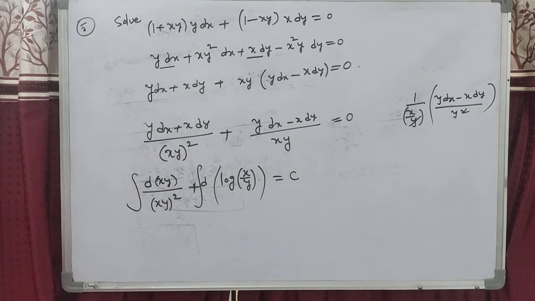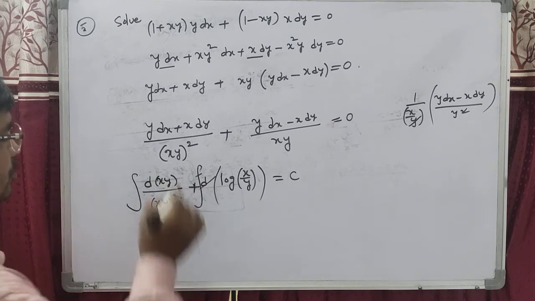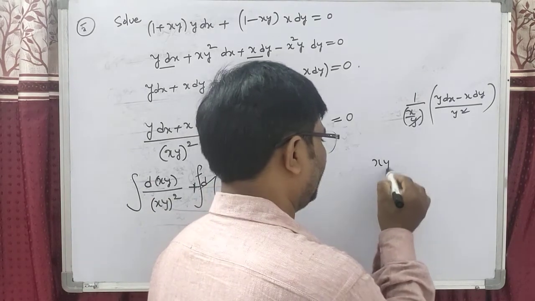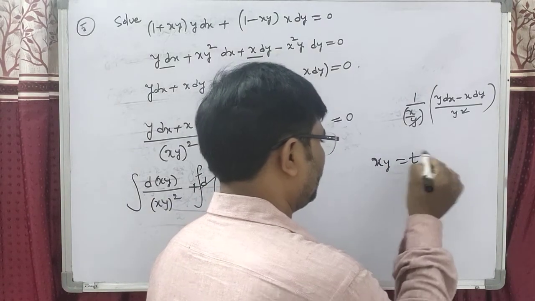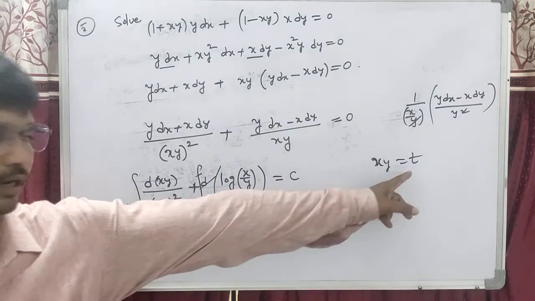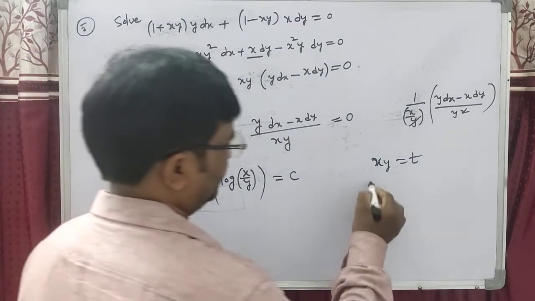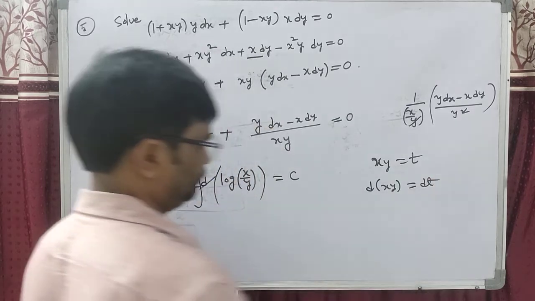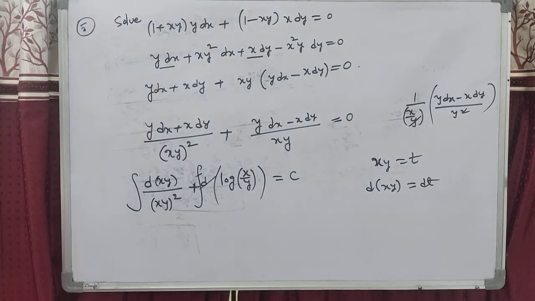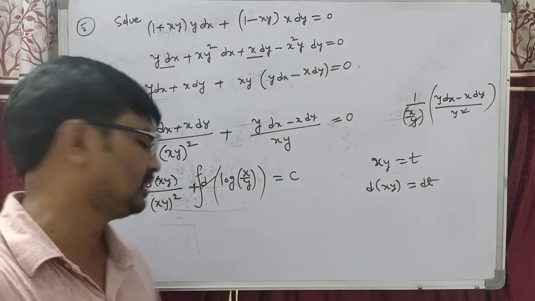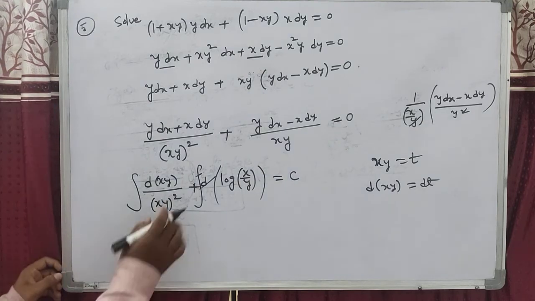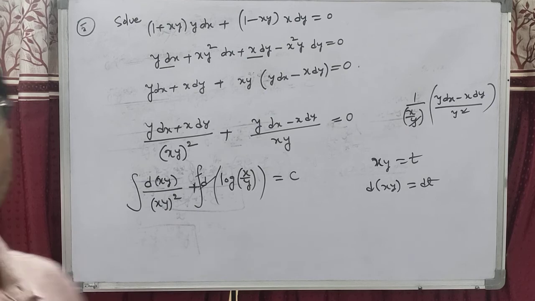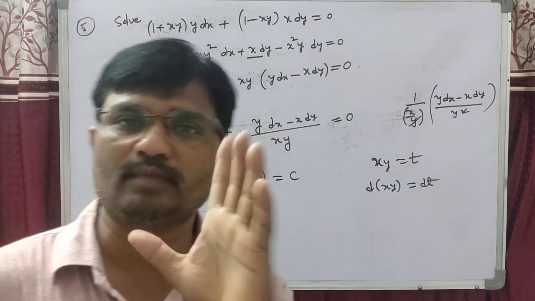My dear students, here these two are cancelled. In the rough work, we take xy equal to t. When xy equals t, the derivative of xy equals dt. Okay, understand, dear students? So how can you write this, students? dt by t square. The integral of dt by t square is minus 1 by t.